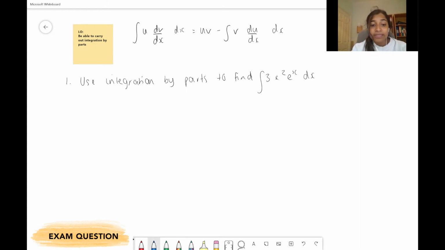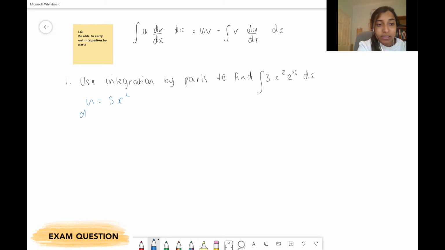So the first thing you want to do is try and split this up to have a u and your dv over dx. Your u wants to be something that you can easily differentiate to make the integration easier. If you differentiate e to the power of x, you just get e to the power of x. That won't really help you much. So let's call our u equal to 3x squared.